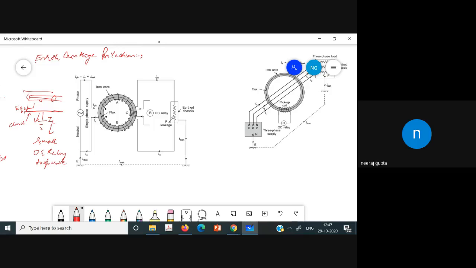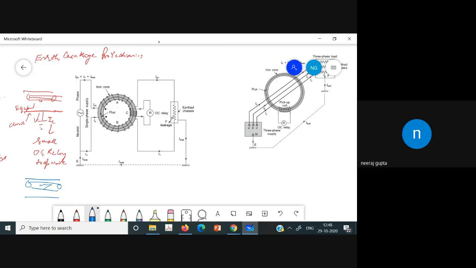However, one scenario must be considered. Let us take the second scenario, in which the chassis is not grounded.